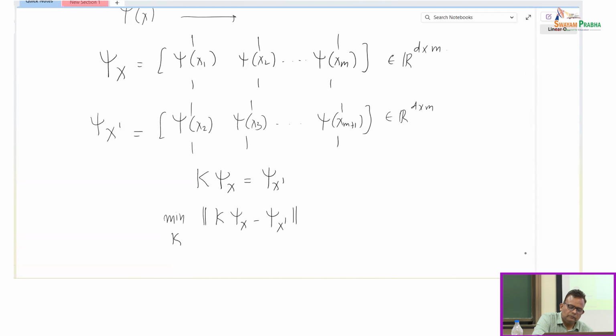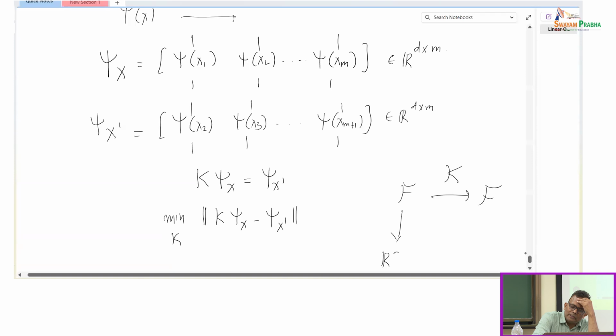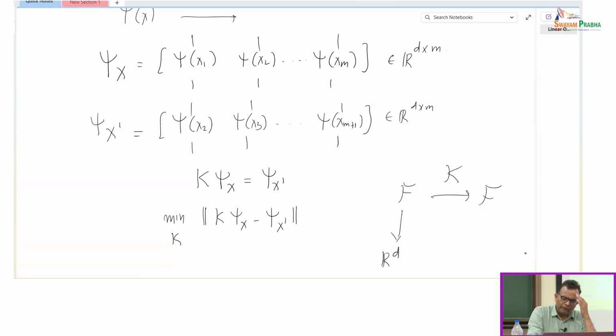I think I told you that when we did these examples, I was multiplying in a certain way. The way you think about this K, using that commutative diagram, was that you have this function space, and then there is a kappa here, which is infinite dimensional. Then you go to this low dimensional space, in this case a d-dimensional space, because you're looking at the d lifting functions, and then you are constructing this matrix.